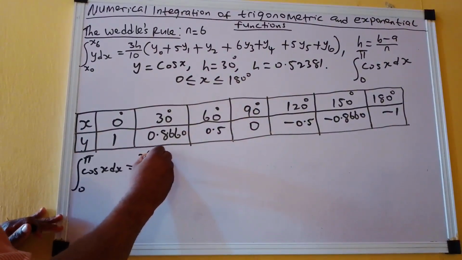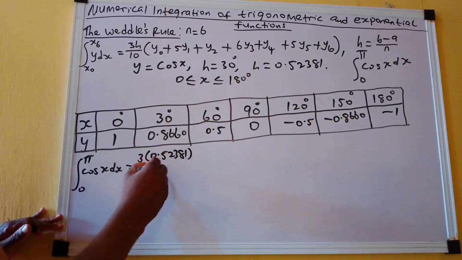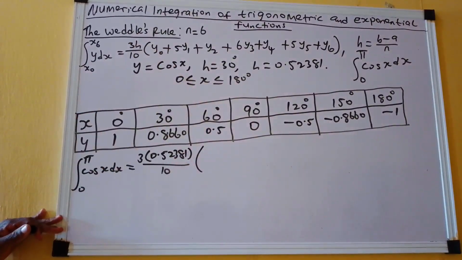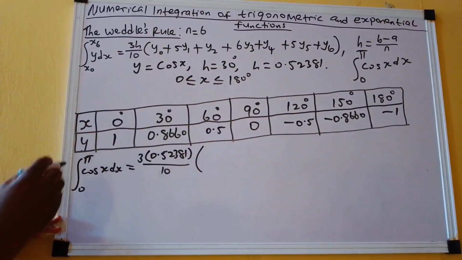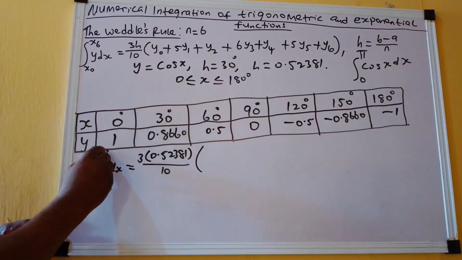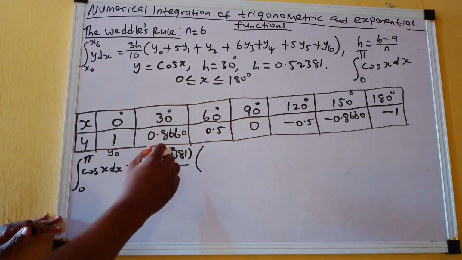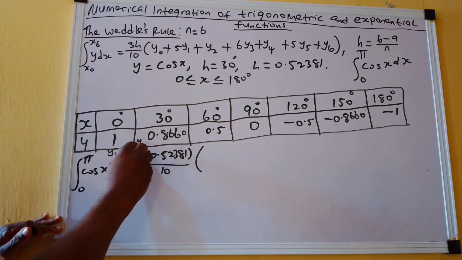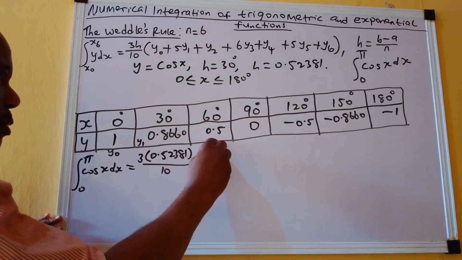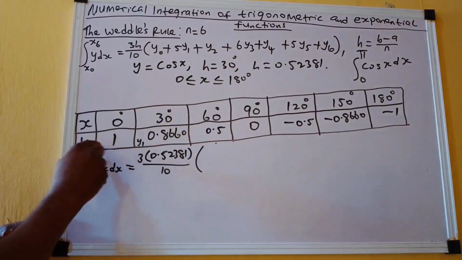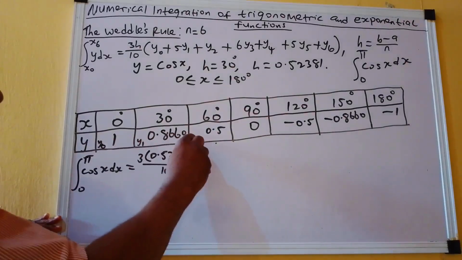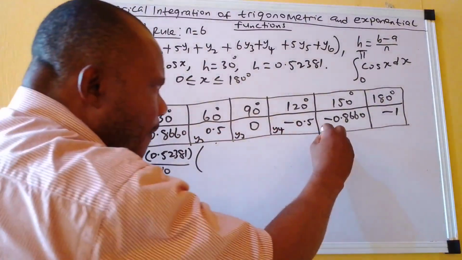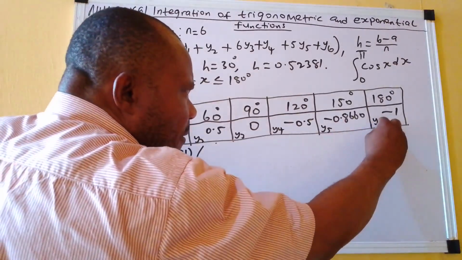So this will be 0.52381 all over 10, then bracket open. Now it's very simple to note. You can take this to be your y0, call this your y1, y2, y3, y4, y5, y6.